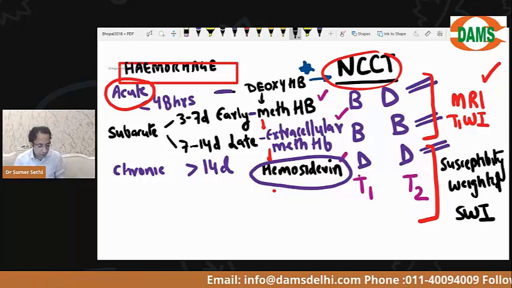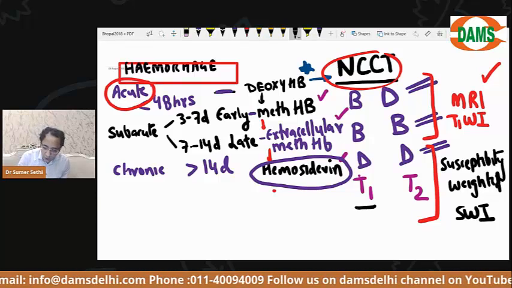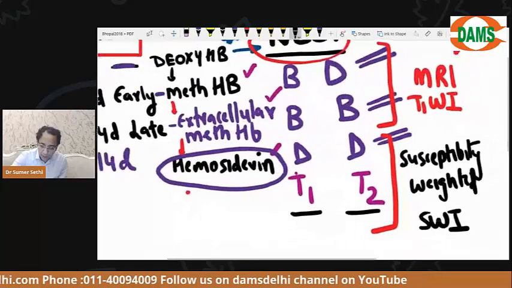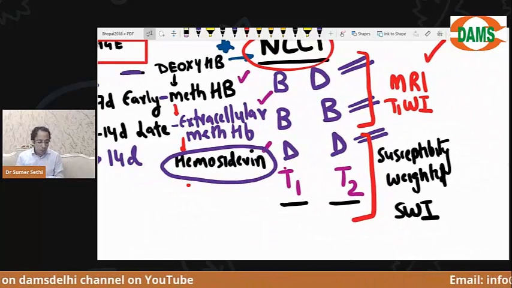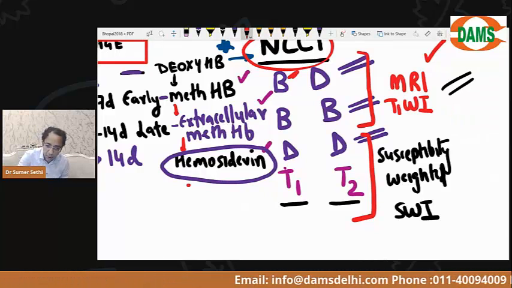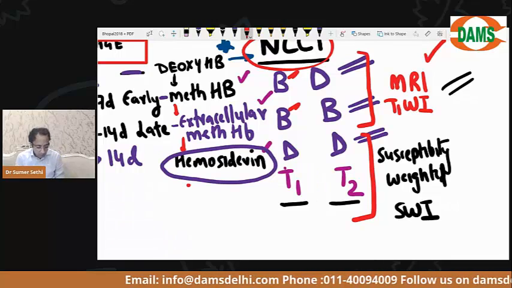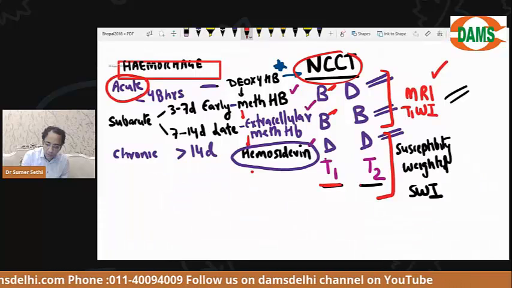SWI. It's very difficult to understand at first go. In a routine T1 and T2 weighted MRI, we are easily able to see the subacute hemorrhage, especially on a T1 weighted image, because it is bright on T1 always. But hemosiderin is difficult to see on a routine T1, T2 image.